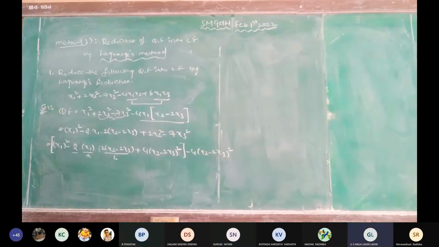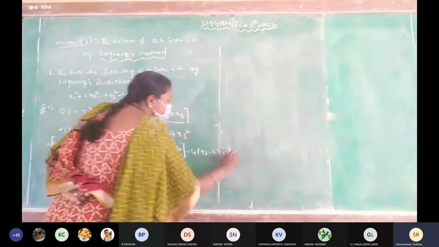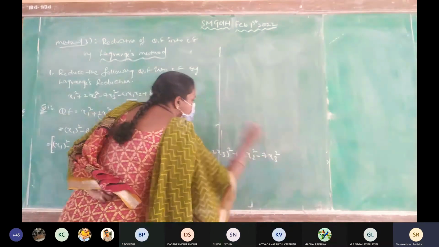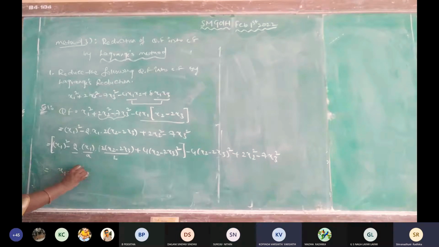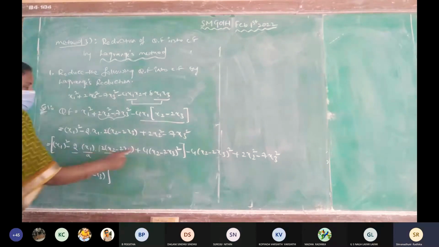Yes, ma'am. Next, what is the remaining term? These two are the remaining terms, that is 2x2 square minus 7x3 square. Now, in this place, what am I going to write? a minus b whole square, a square minus 2ab plus b square.